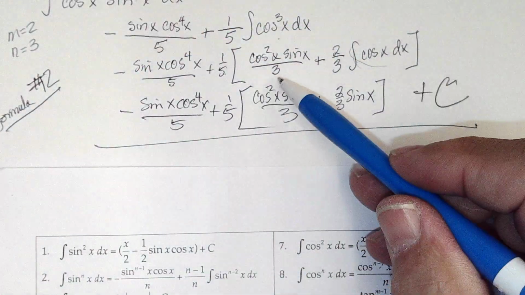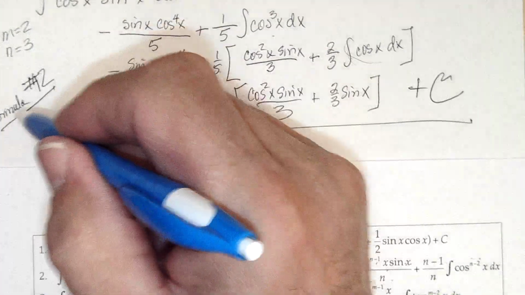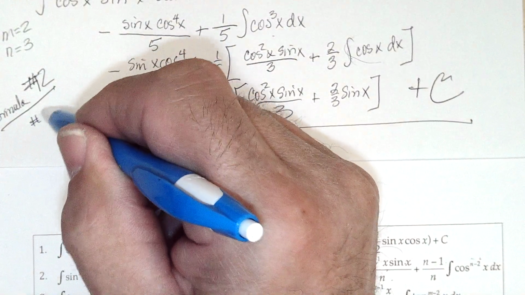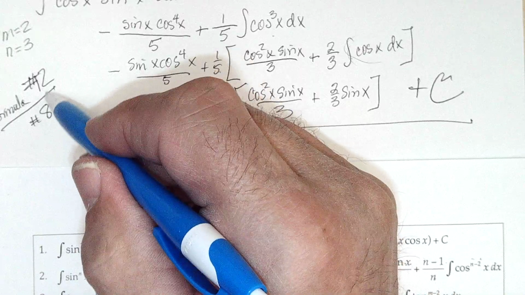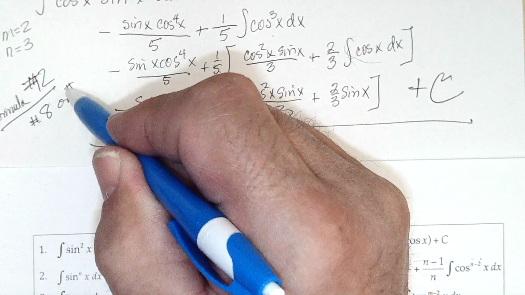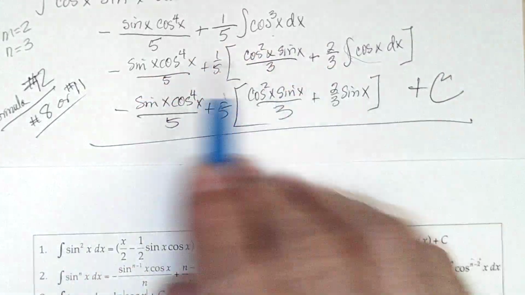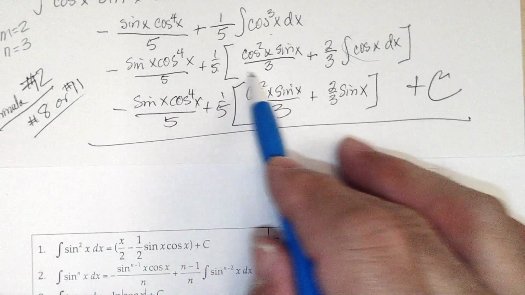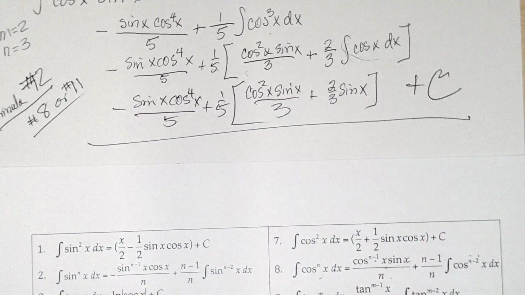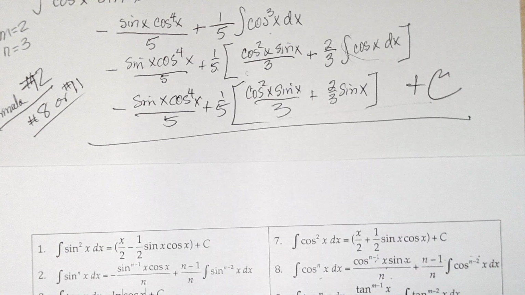And then using 8. Or you could use number 11. Both of them will do exactly the same thing and give you the same stuff there. And then you get this, and you're done.